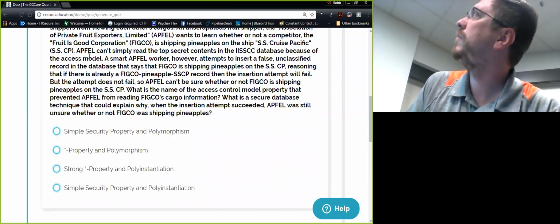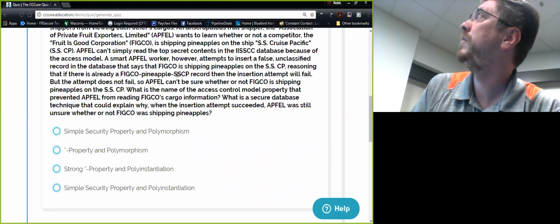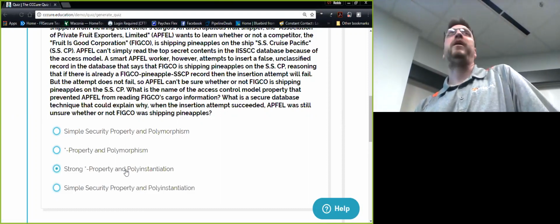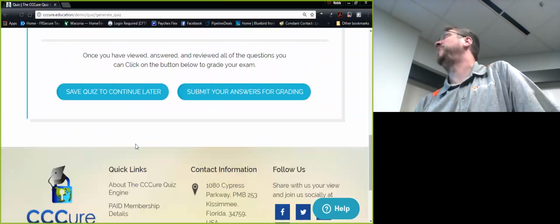Okay, so they can't read it because of the access model. It attempts to insert a false unclassified record that says it's shipping. If there was already one there, it would have failed. I think it's going to be strong because you can't write. Yeah, who knows? It's a pretty good chance.